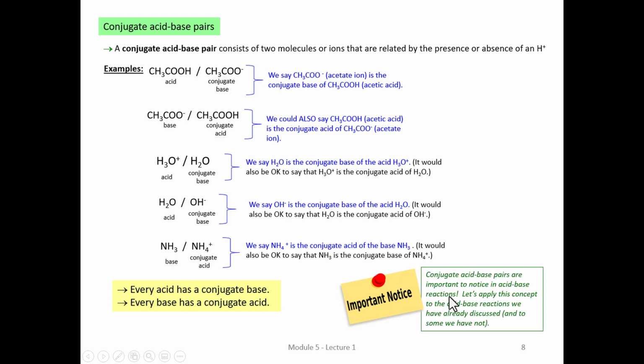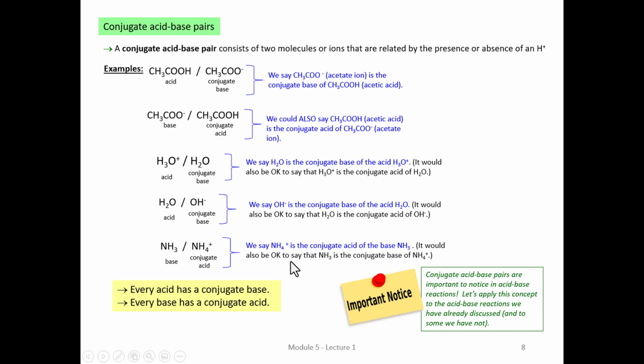Conjugate acid-base pairs are important to notice in acid-base reactions. You may say that this is some sort of chemical trivia that doesn't seem to be all that important. It will become very important, and it will help you to do calculations or set up calculations in future questions if you can identify the acid-base chemistry that's going on.